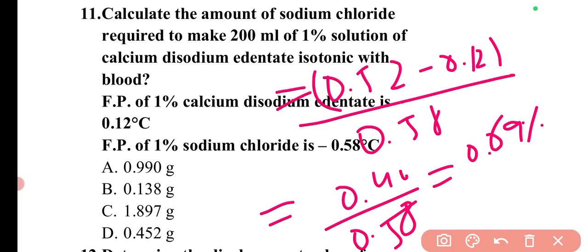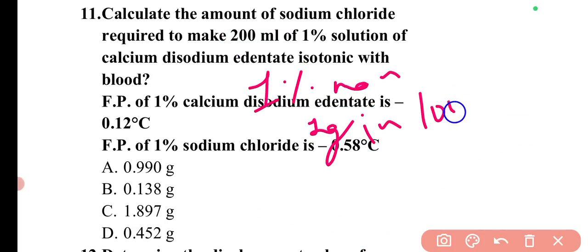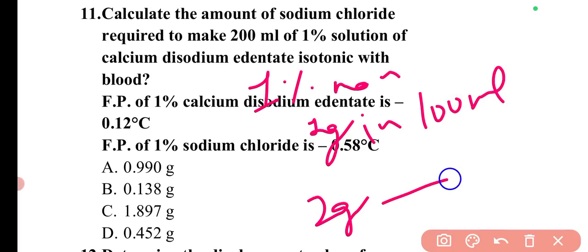Now we need to find the grams required for the quantity of 200 ml. What is the meaning of 1%? 1% means 1 gram in 100 ml, so for 200 ml there will be 2 grams.